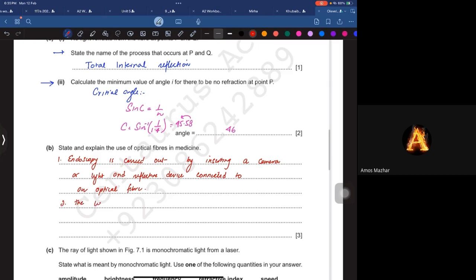The light then reflects from the organs and boundaries into the optical fiber.